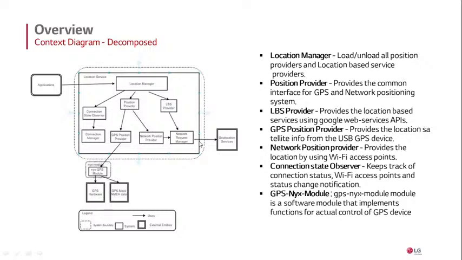And the network request manager will talk to the outside world, which is the geolocation services, whoever provides. In our case, we are using Google for the geolocation. Now, when it comes to the hardware, the GPS position provider will interact with the NIX module.